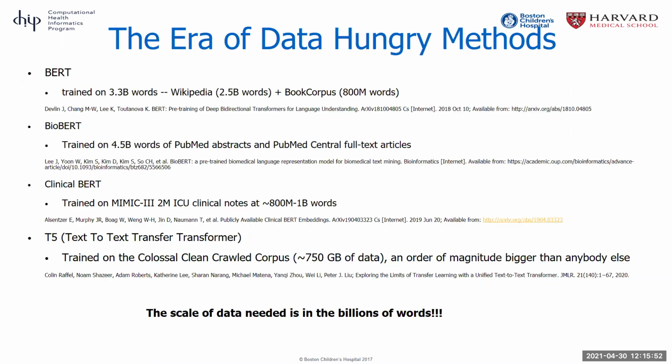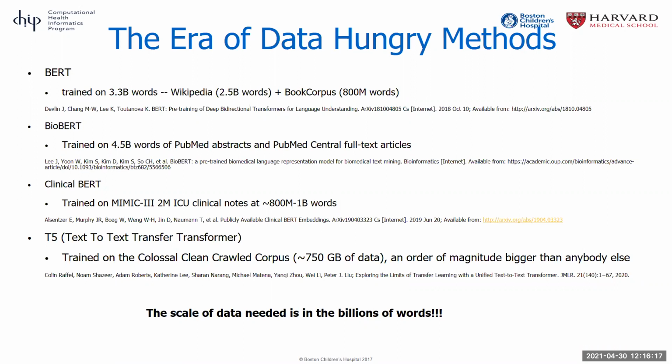So since 2019, as I mentioned, there have been quite a few revolutionary developments in the NLP community. I'm not going to go into detail because all of us know about those developments very well. BERT, BioBERT, Clinical BERT, the T5 models.